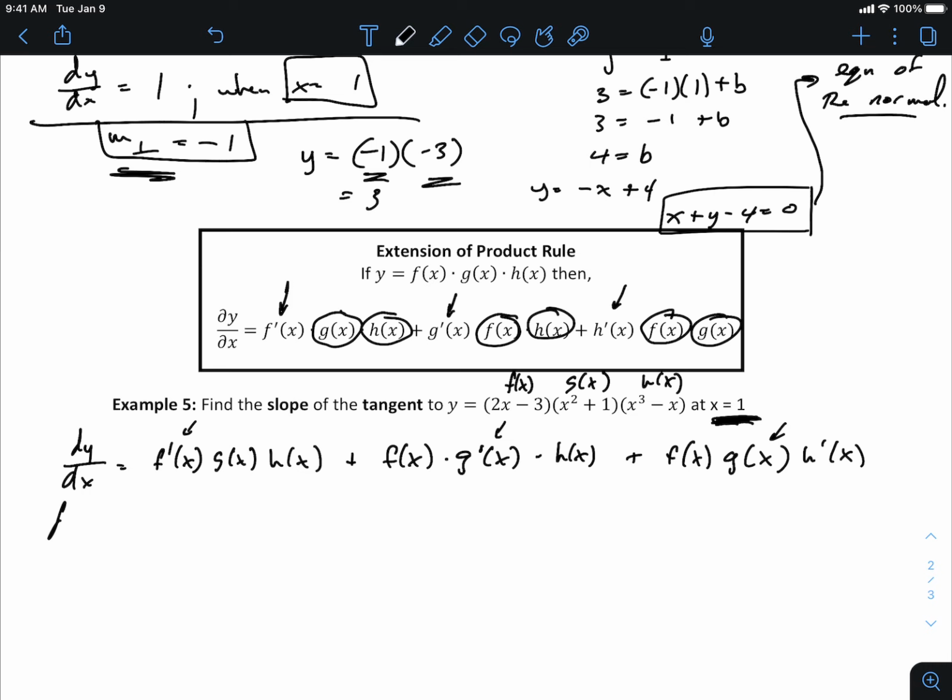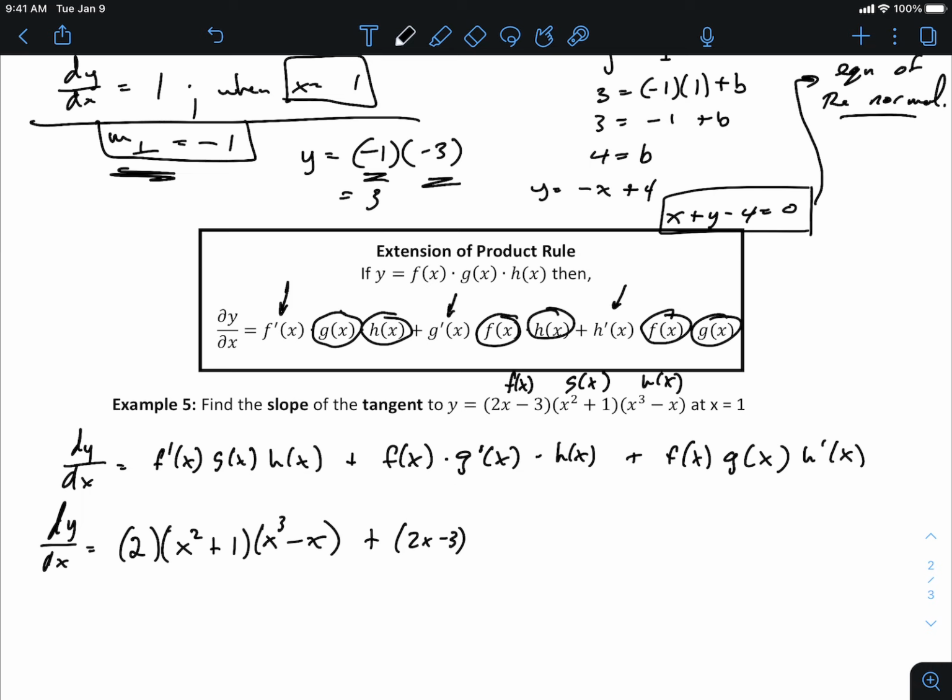Okay, and now dy by dx, we're going to derive f of x, right? So the derivative of f of x is just 2. 2 times the other two functions, x squared plus 1, x cubed minus x. Then I'm going to add f of x, which is 2x minus 3.